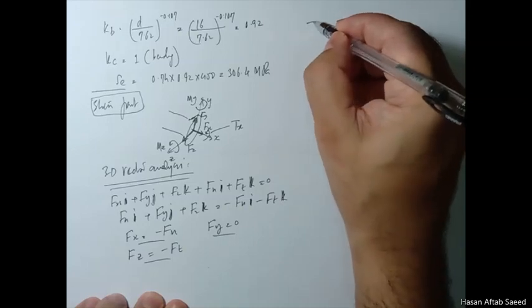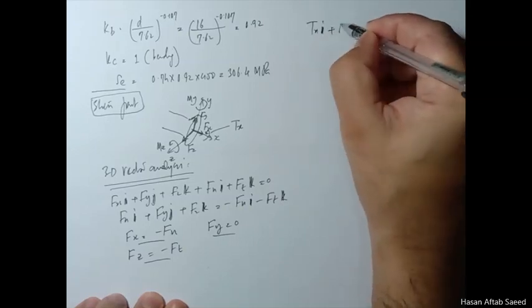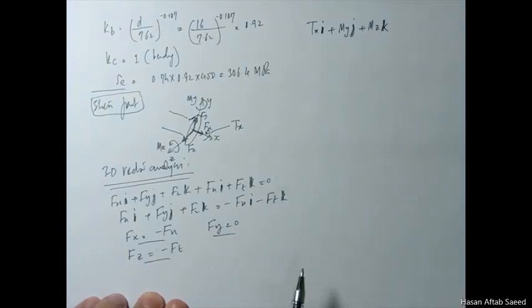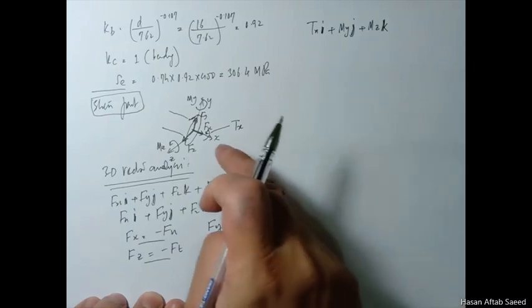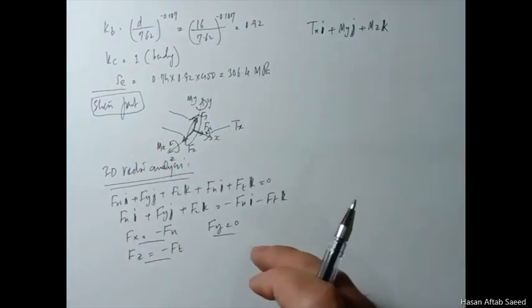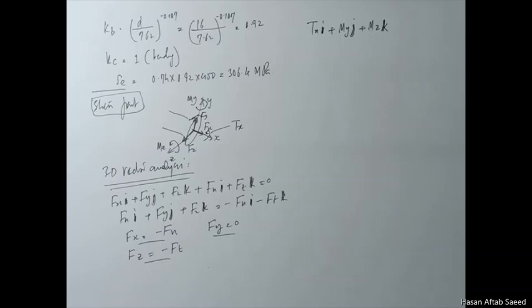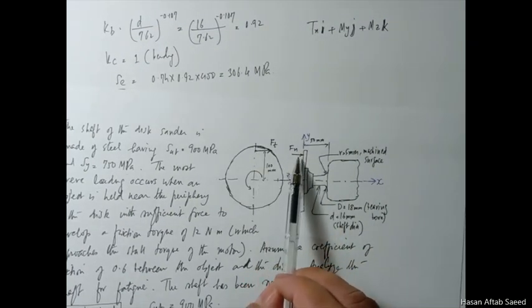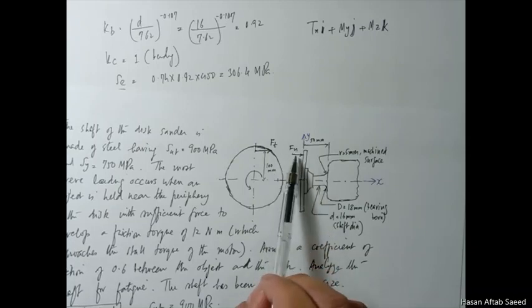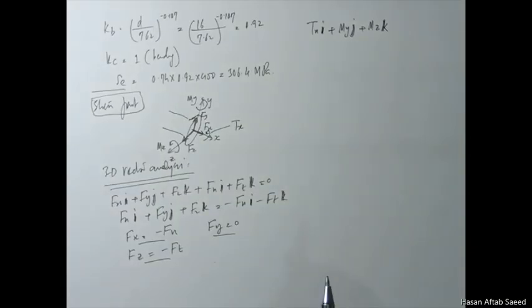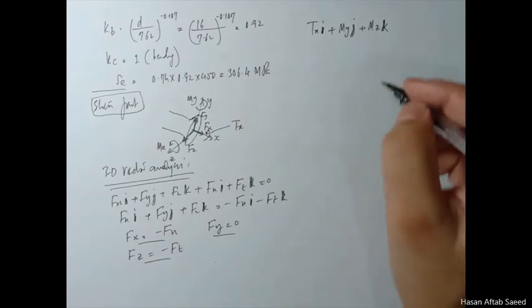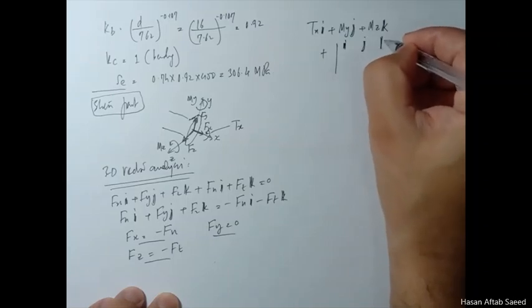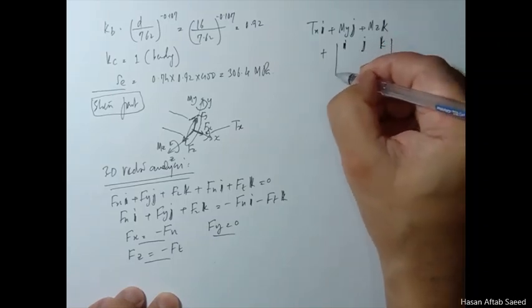Tx i plus My j plus Mz k, this much is these. And what about any other moments? Yes, there are. You have this one point where you have applied forces, Fn and then Ft. So you again use a very familiar device, the cross product, r cross F. Statics all over again.